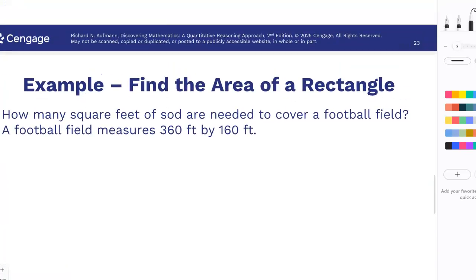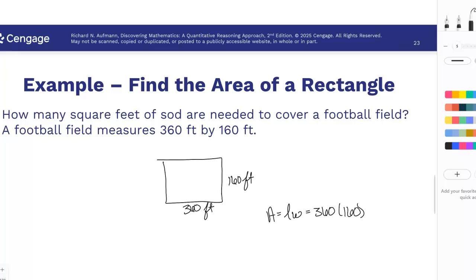So let's look at an example. How many square feet of sod are needed to cover a football field? And a football field measures 360 feet by 160 feet. So here's 360 and here's 160. So area is length times width, which is 360 times 160.